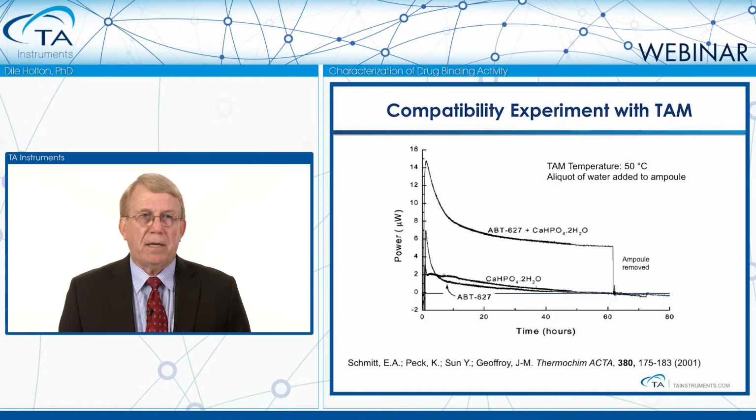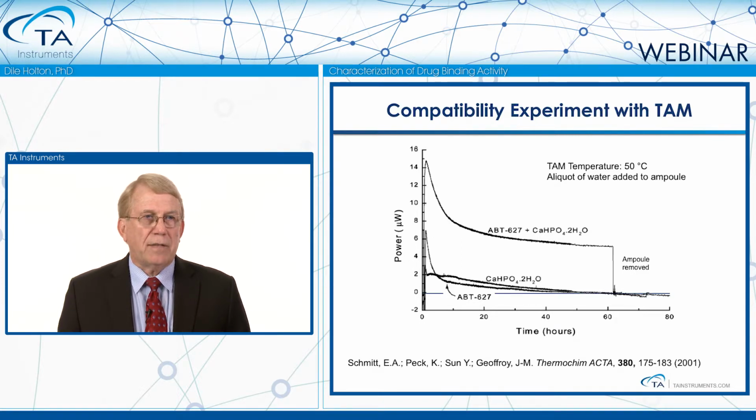This is a compatibility experiment with a TAM, just as an example to show what happens when you add an aliquot of water to 2 different samples that are combined. And this is looking at excipients. This could be looking at formulations of different monoclonal antibodies or different biopharmaceuticals. So the idea is that depending on the kind of molecules and formulations you have, you're going to get different heat flows.